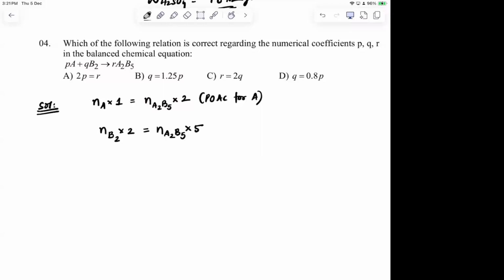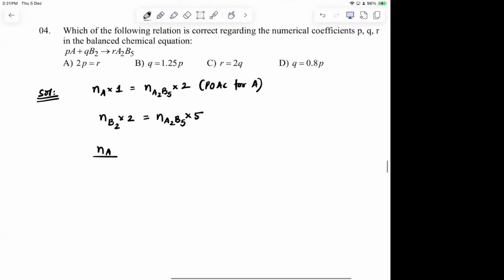So now if you divide these two, what do I get? I'll get NA by NB2 is equal to 2 by 5. So which means NA by 4, sorry, this is 2 here. NA by 4 is equal to NB2 by 5.